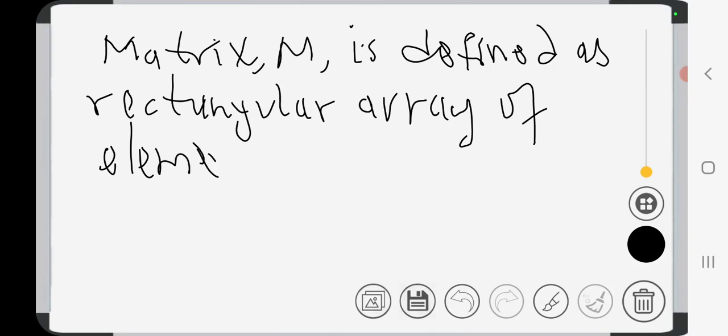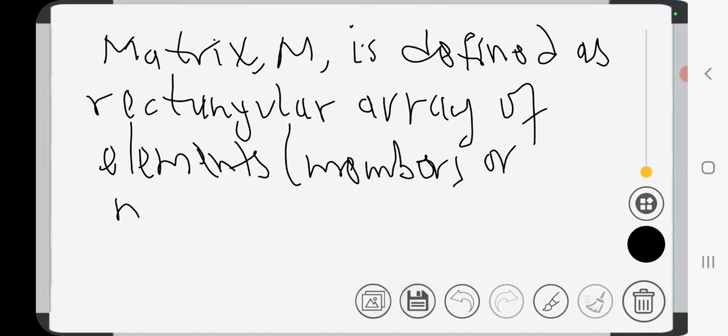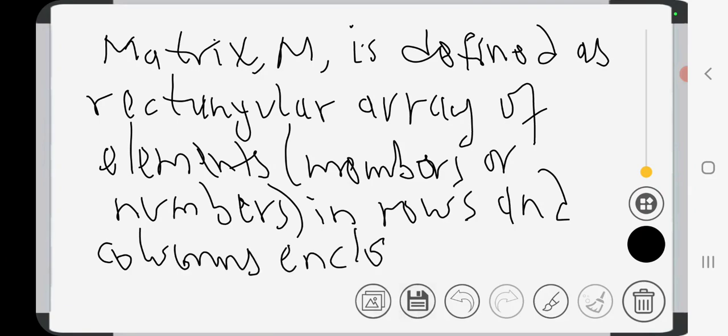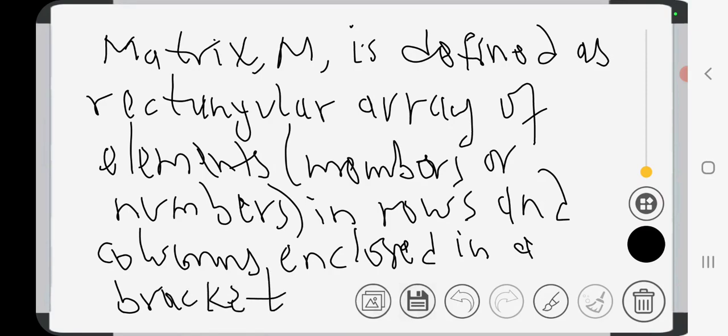These elements can also be called members or numbers, in rows and columns, enclosed in a bracket. So this is just a simple definition of a matrix.